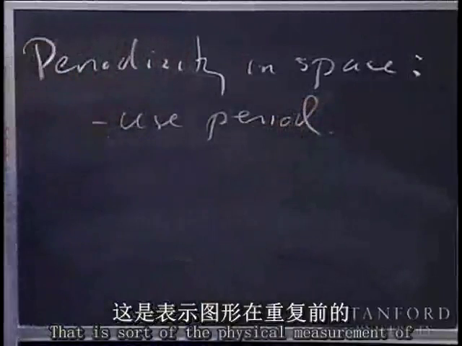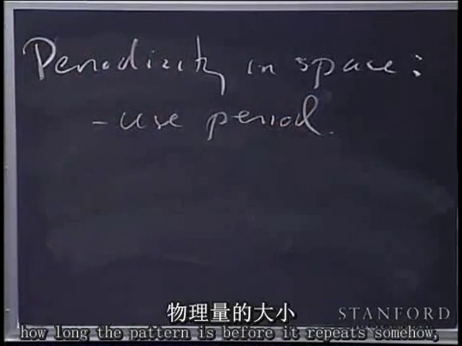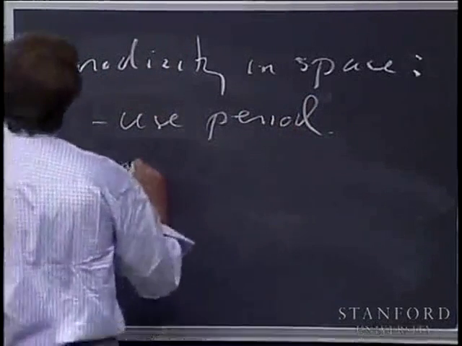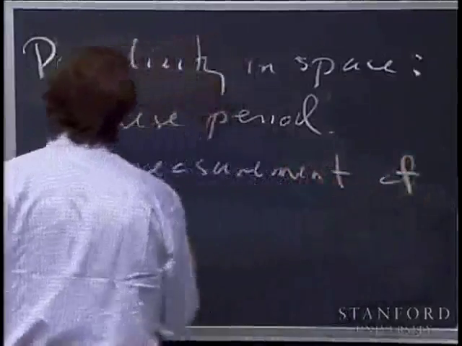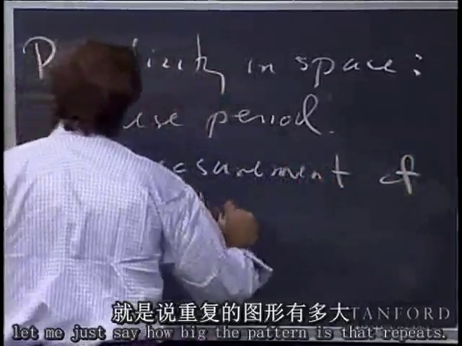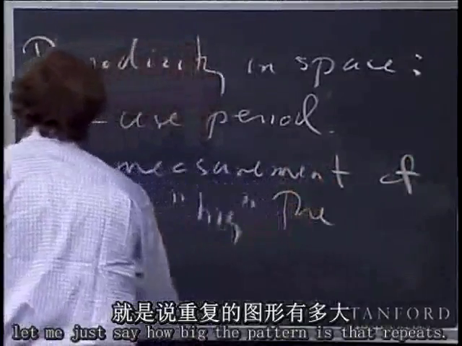That is the physical measurement of how long the pattern is before it repeats, whether it's length or some other quantity. Let me just say, how big the pattern is that repeats.